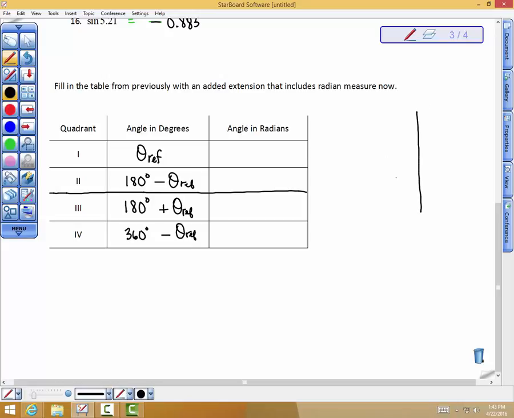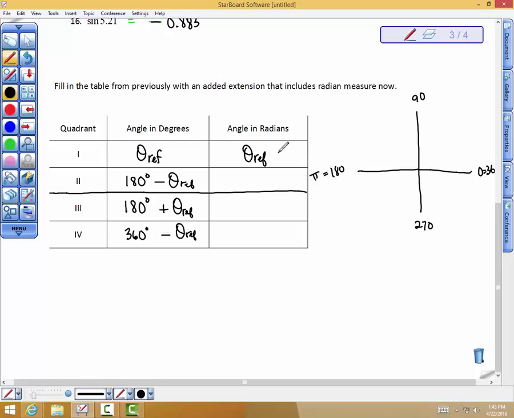I want to remind you that 0, 90, 180, 270, 360, but also, 180 is pi, and we refer to 180 quite a few times. So when I want to do the same process I did in the previous section, but calculate an angle in radians in the first quadrant, I'm still going to use a reference angle.